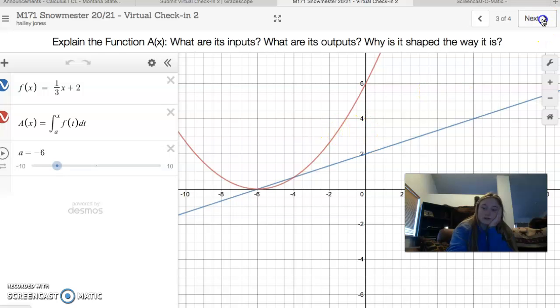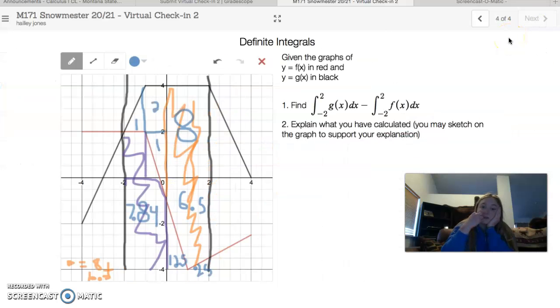And then this last one, I wrote out all the numbers for all the math I did already on here, but I was a little confused about how far down on the y-axis I go for the area.